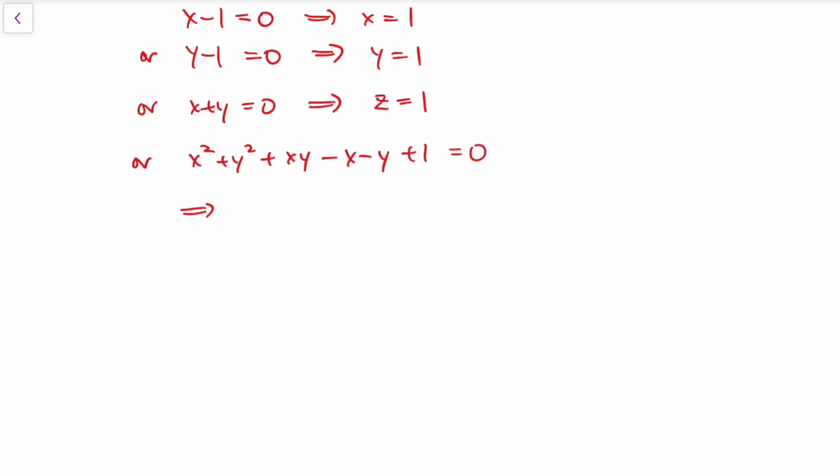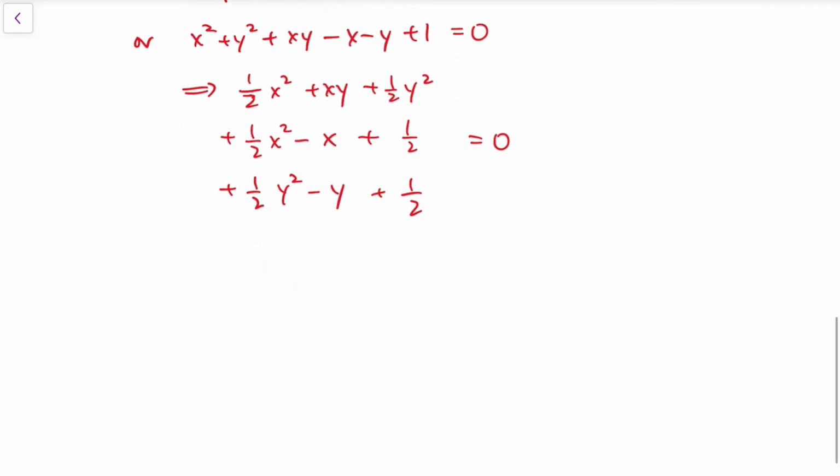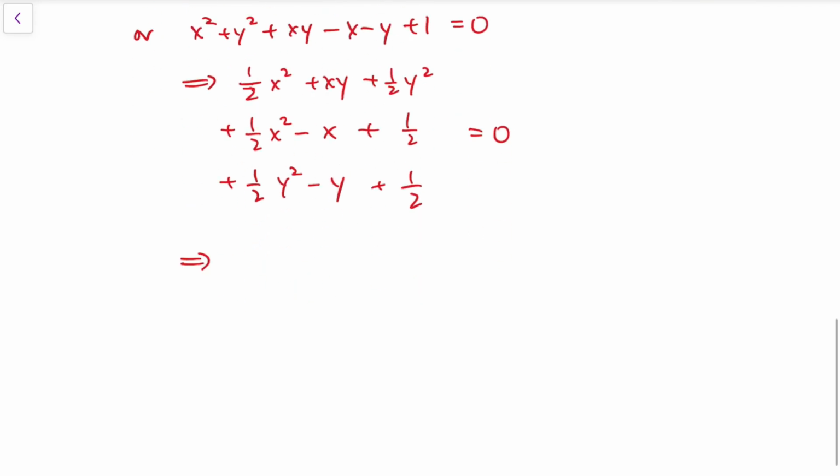And for this we can split x squared into the sum of 2 half x squared, and I will arrange them in this way. One of them, half x squared, would group with half y squared and xy to form a perfect square, and then the rest would group with x and y respectively. And I'm going to also split the 1 as well.